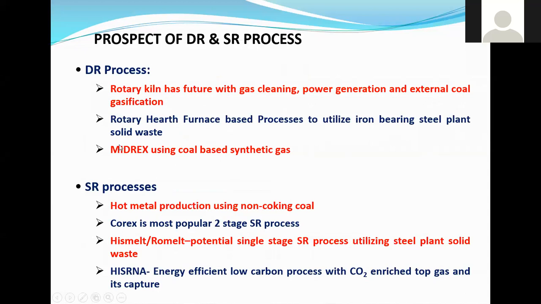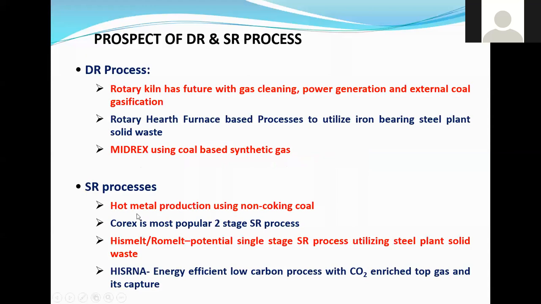And with this, using the coal-based synthetic gas, and already JSPL has put up a unit in Angul, where basically the Lurgi-based coal gasifier is used to supply the gas, and Midrex unit is used to reduce the iron ore. So it is very, very welcome, and JSPL has adopted it. It's very good.